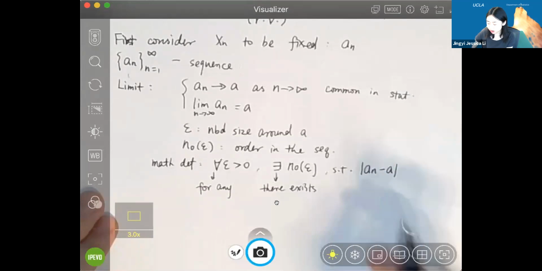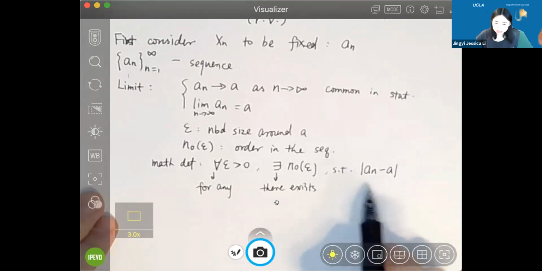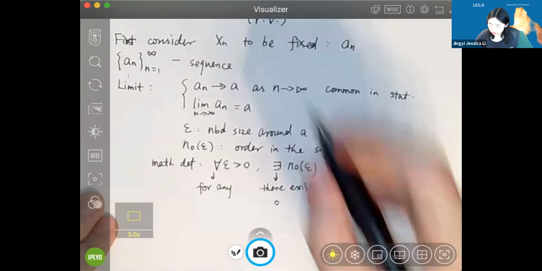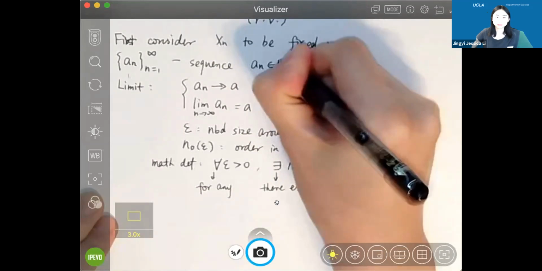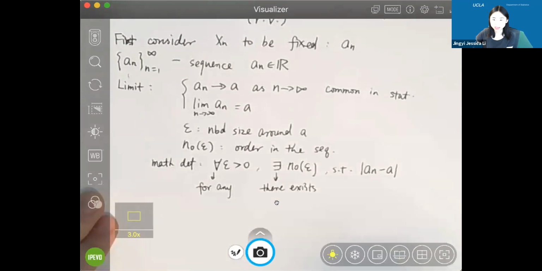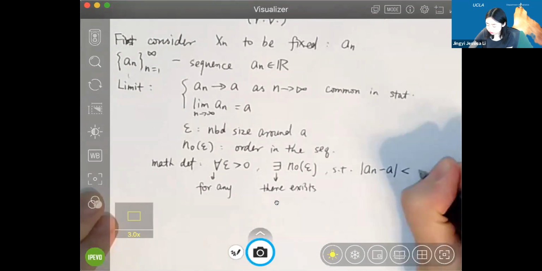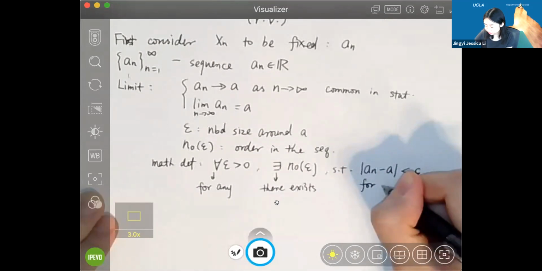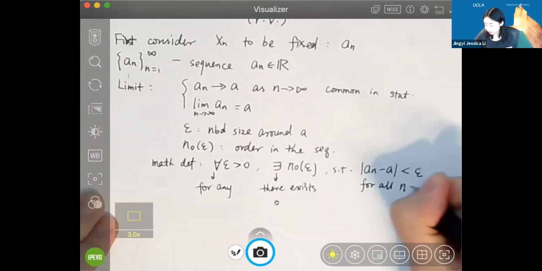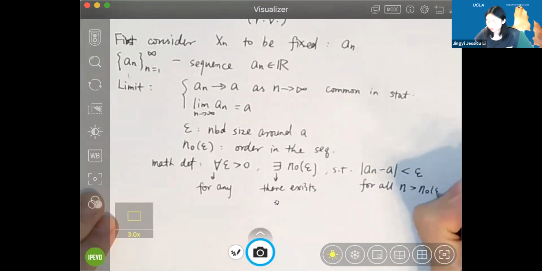We are in the one-dimensional case, so I should say this is a one-dimensional sequence. To make it easier, we just say these are real numbers. The distance between a_n and a is always less than epsilon for all n larger than n0 of epsilon.